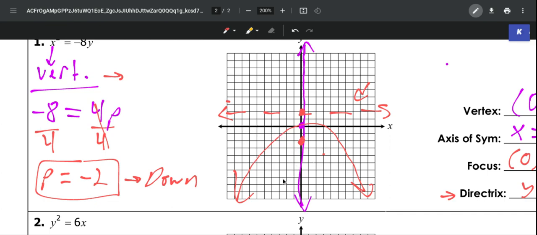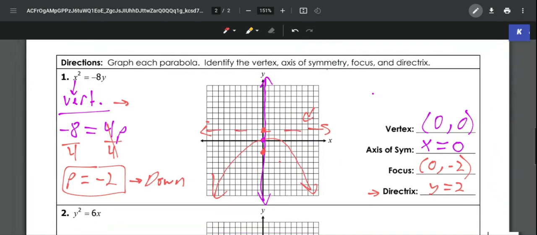If anything weird were going on, we would need more information, like if it were shrinking or stretching. But we don't have any of that going on, and we're not going to deal with that. So just make your parabola open up, down, left, or right. As long as it goes through that vertex, I don't really care if it's exact. Just try to make it equidistant on both sides. But other than that, there's not too much to worry about.